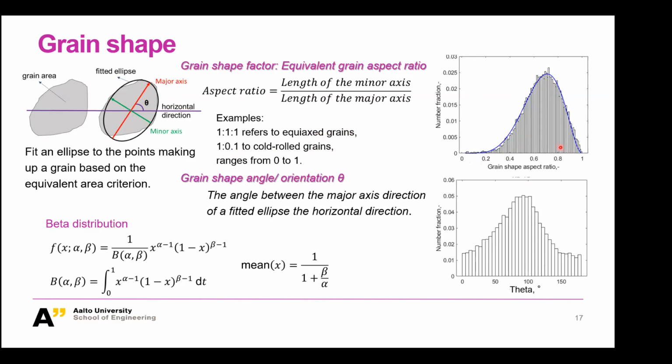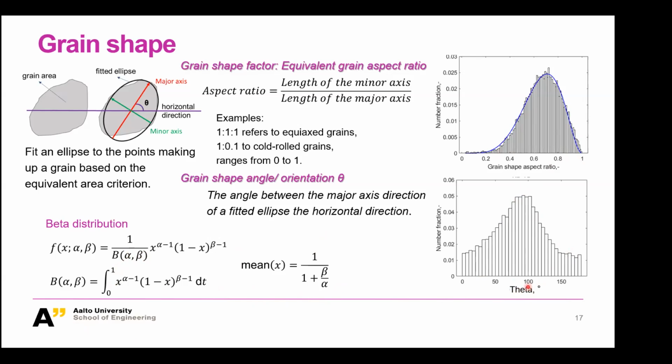In this case, normally we use a beta function to fit this distribution, and the parameters here are alpha and beta. We can also calculate the mean value for this grain shape factor as the average grain shape factor or grain aspect ratio.